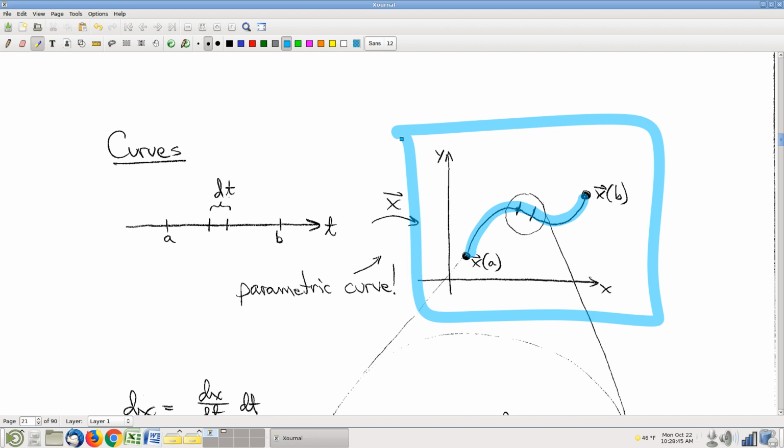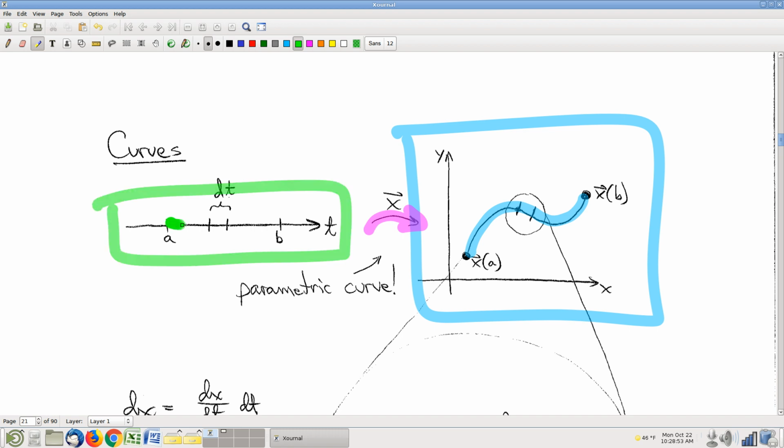Well, I would like to simply view that as being the image of something that I do like. And now, what is it that I like so much about this over here? This is an interval on the t-axis. Why do I like that interval on the t-axis? Because it's dimensionally where it belongs, if you will, right? So it's a one-dimensional interval in a one-dimensional world.